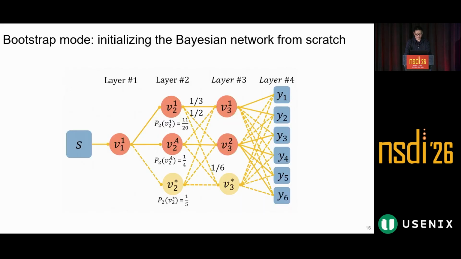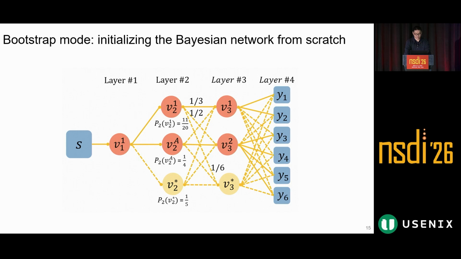Let me first show how BayWatch works in bootstrap mode, where no historical snapshots are available. In this case, BayWatch cannot rely on prior measurements, so it starts with an initial round of randomized probing. Following standard practice, this first round is used to obtain a coarse initial topology. Then BayWatch organizes the discovered nodes by TTL, which gives us a layered Bayesian network representation.